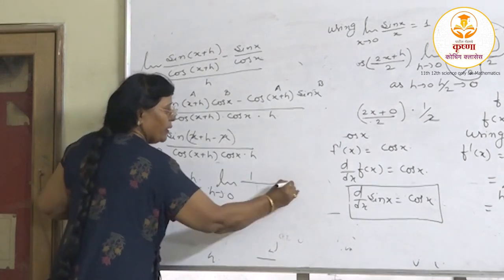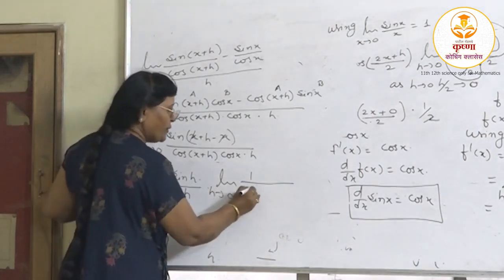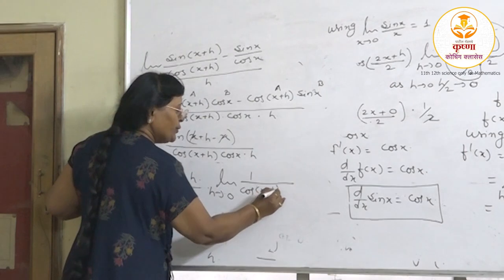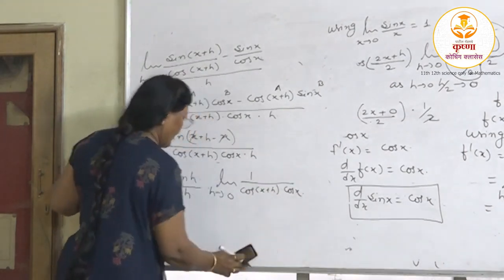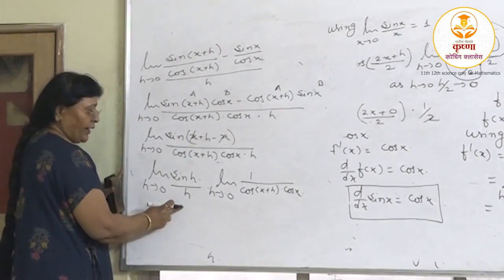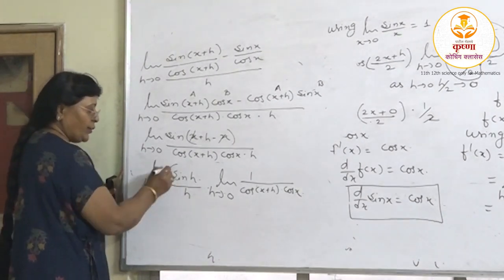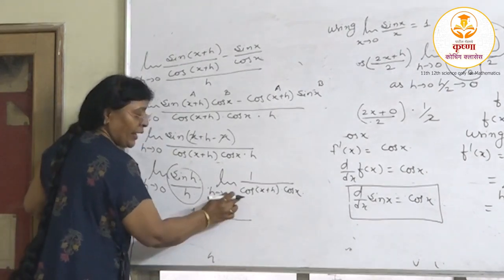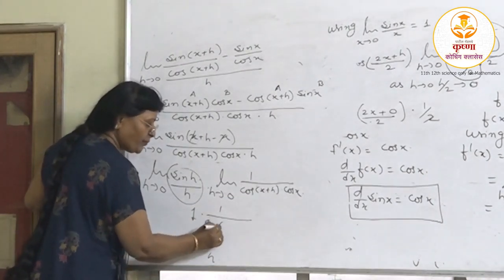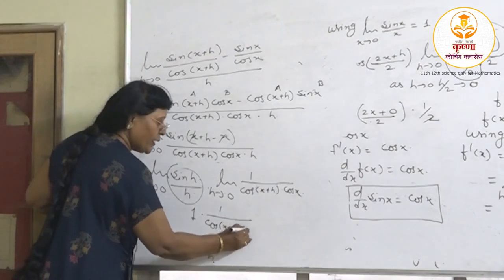Here again, the limit of the cos function you can find out directly. No need to use any formula, because the limit of the cos function can be found directly. Sin h divided by h, as h tends to 0, the limit is equal to 1, and here you can substitute h tends to 0, that is cos of x plus 0, and here again cos x.